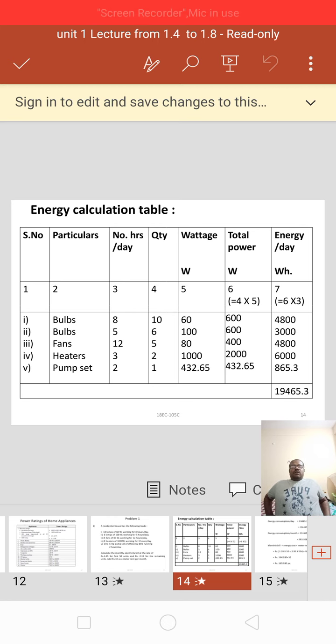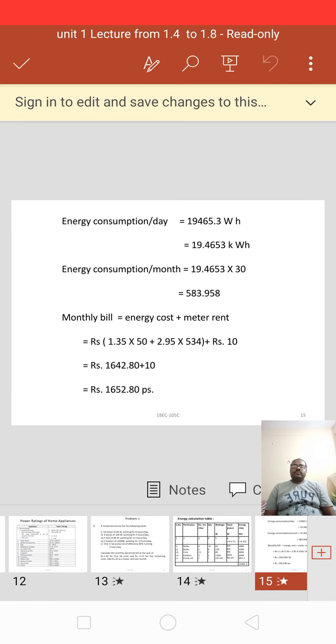Okay, now let us calculate the total energy consumed in a day by adding all the energies of the home appliances in that residential house, that is 19465.3. Next, energy consumption per day.